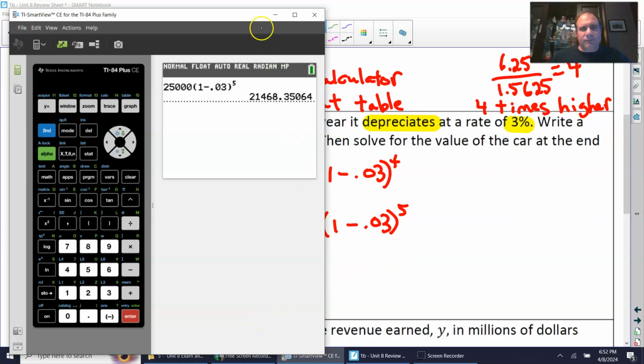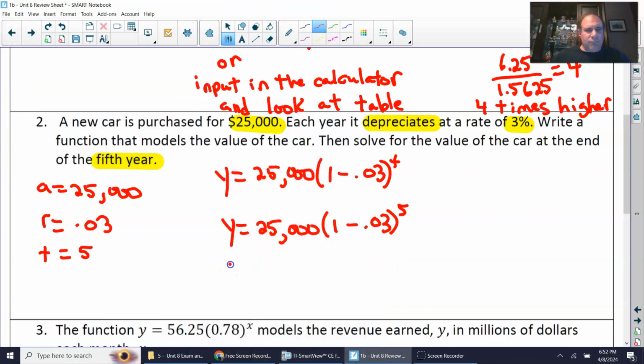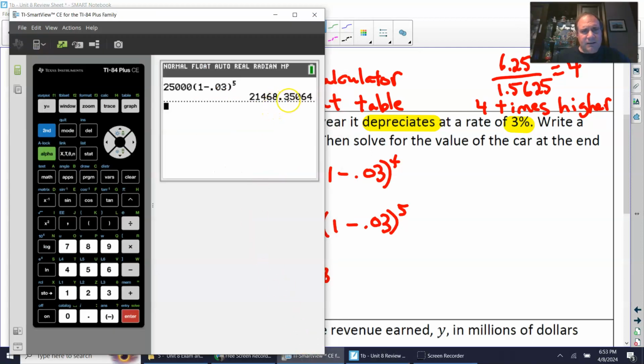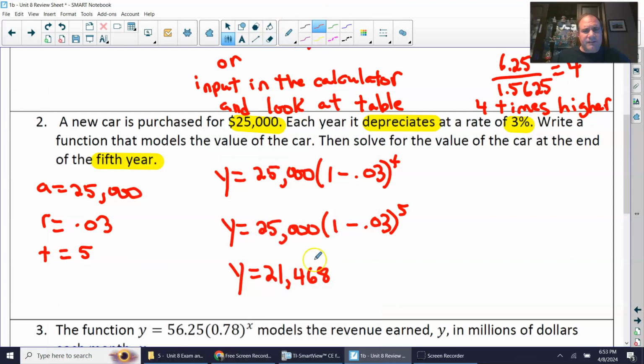Y equals, instead of 25,000, it'll be 21,468.35, after 5 years, sorry.